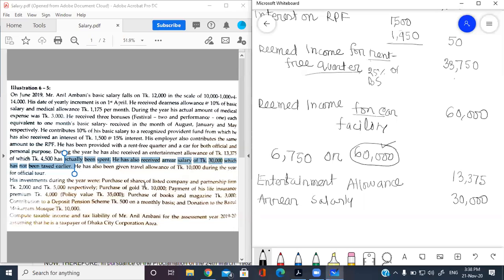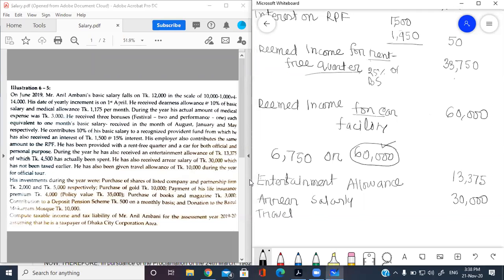He has also been given a travel allowance of Taka 10,000 during the year for official tour. Okay. So it is specifically mentioned that it is for official purpose. So in that case, it is exempted.